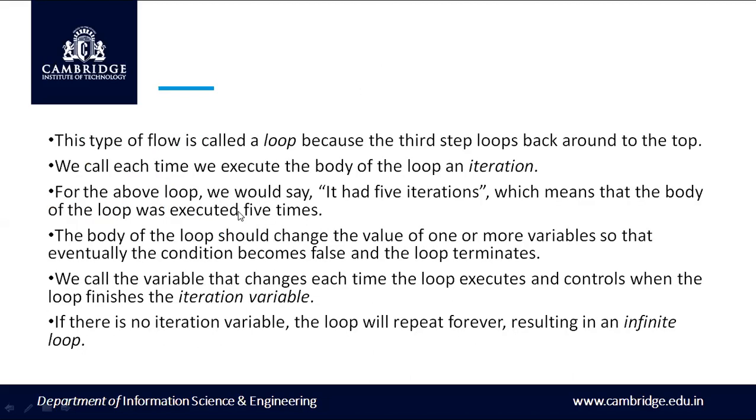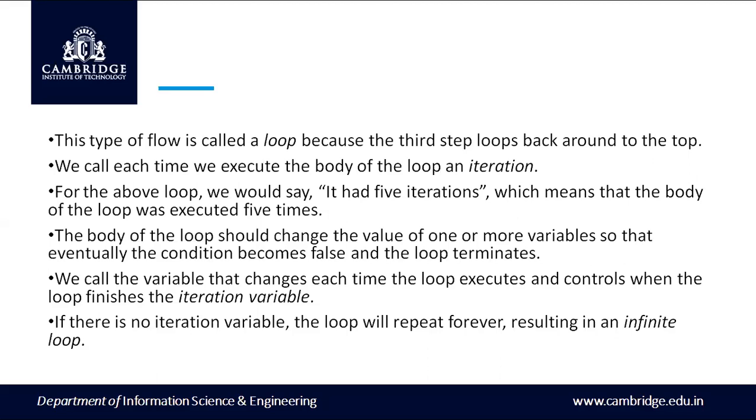This type of flow is called a loop because the third step loops back around to the top. Each time we execute the body of the loop, we call it an iteration. For the above loop, we would say it had 5 iterations, which means the body of the loop was executed 5 times.